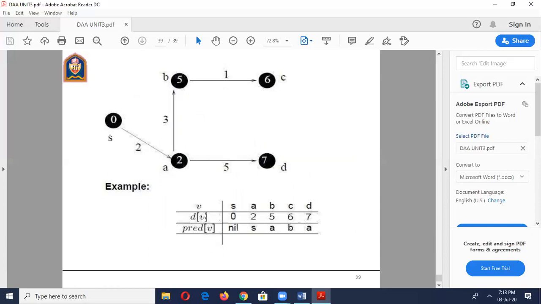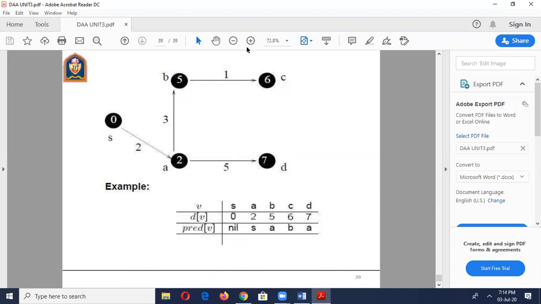So we have to draw a graph for this, as we started by taking the adjacent. First we took adjacent for S, so it was noted first, and next we took adjacent for A. So we drew an arrow to A, then A to B and B to C, then A to D, in the steps we have done. So it has been marked.